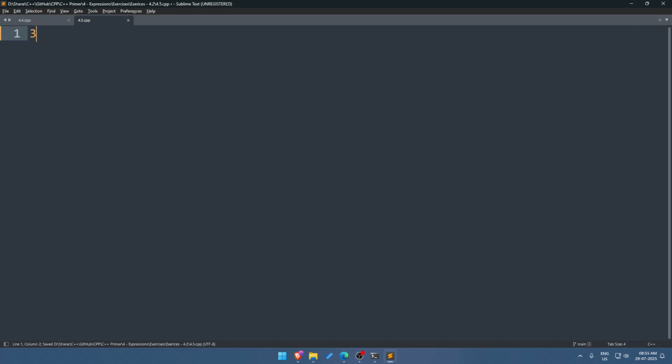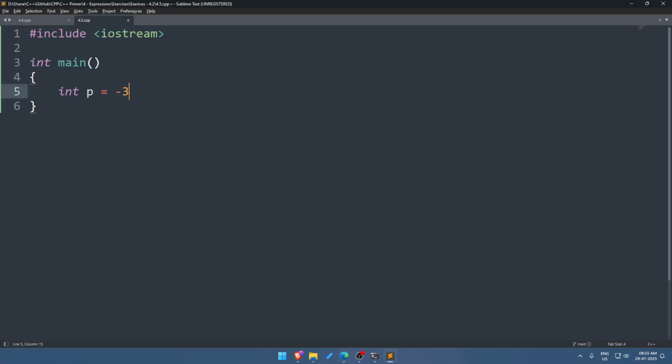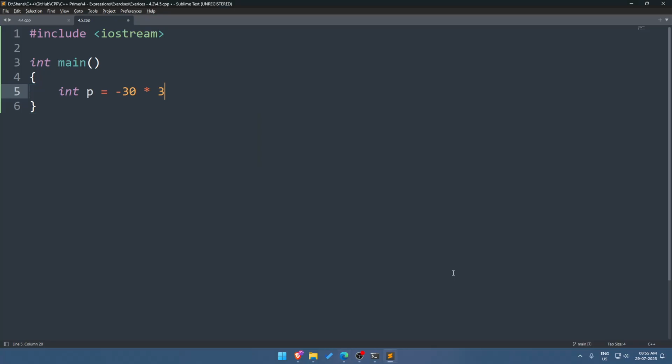4.5. Looking at the expression: minus 30 times 3 plus 21 times 5 plus 21 divided by 5.